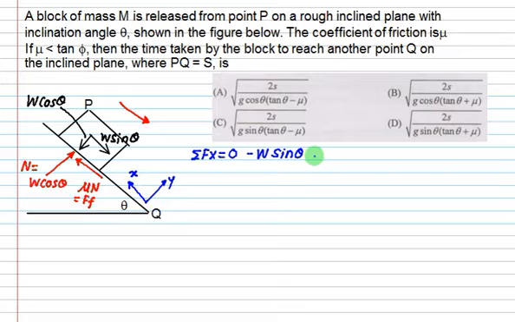The friction force is plus mu times N. Motion is in this direction, so the inertia force will act in the opposite direction, and inertia force will be ma. Inertia force always acts in a direction opposite to motion.